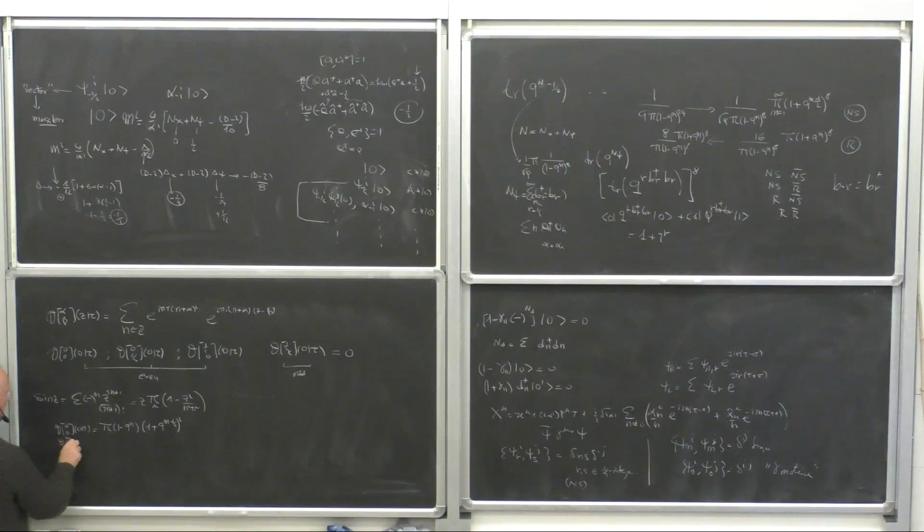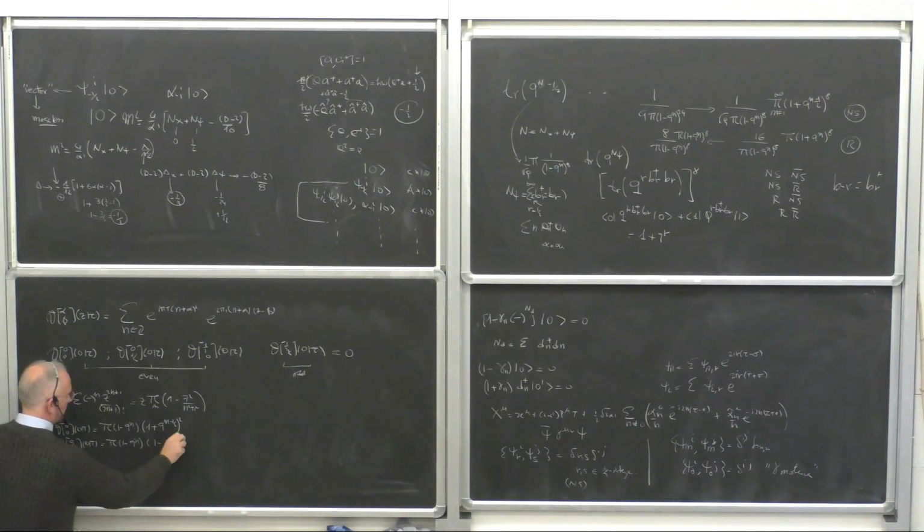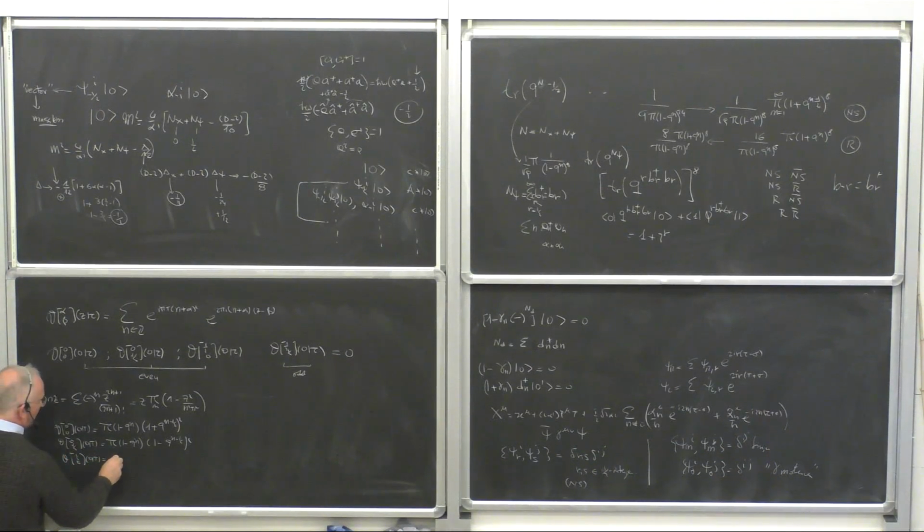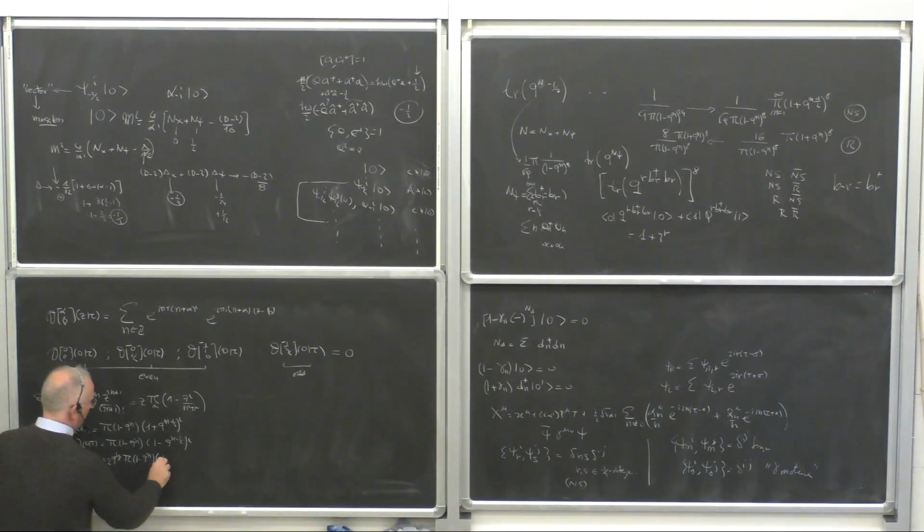Theta 0, 1/2, theta 1/2, 0 is 2 times q to the 1/8 product of 1 minus q to the n, 1 plus q to the n squared.